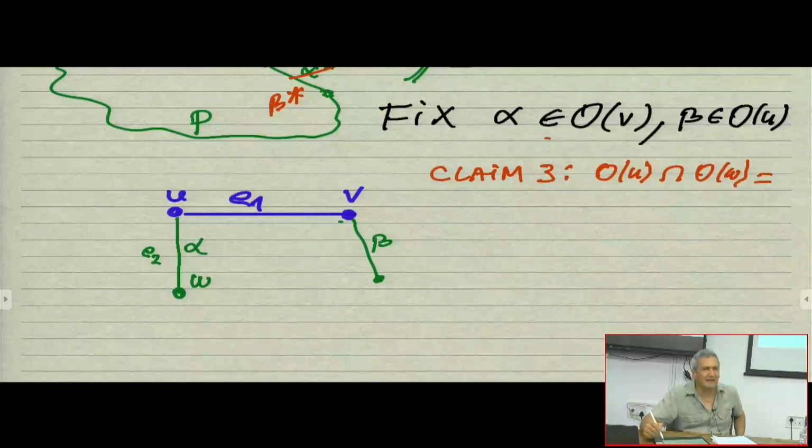What will be claim 3? Can you guess claim 3? What will be the intersection?